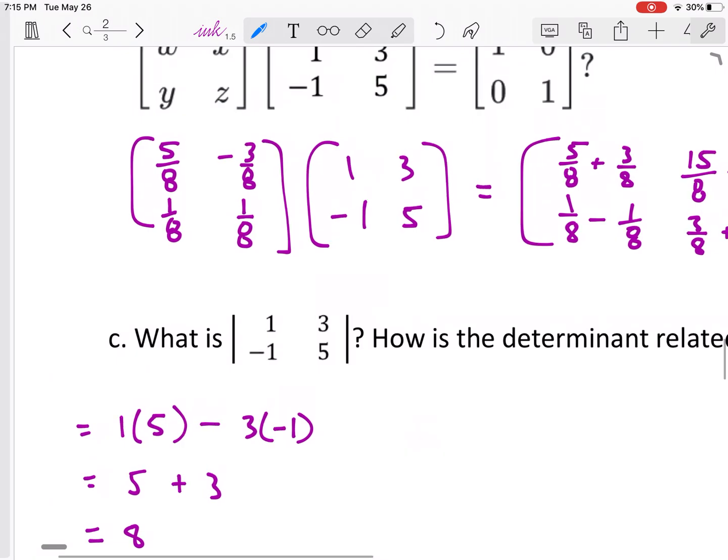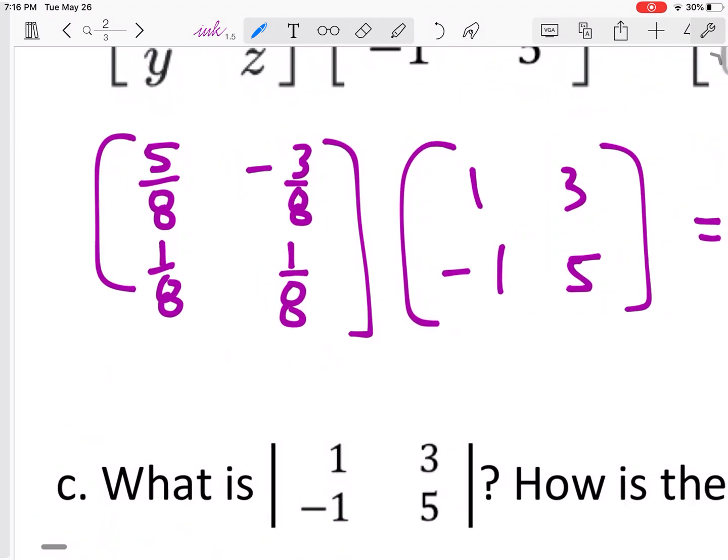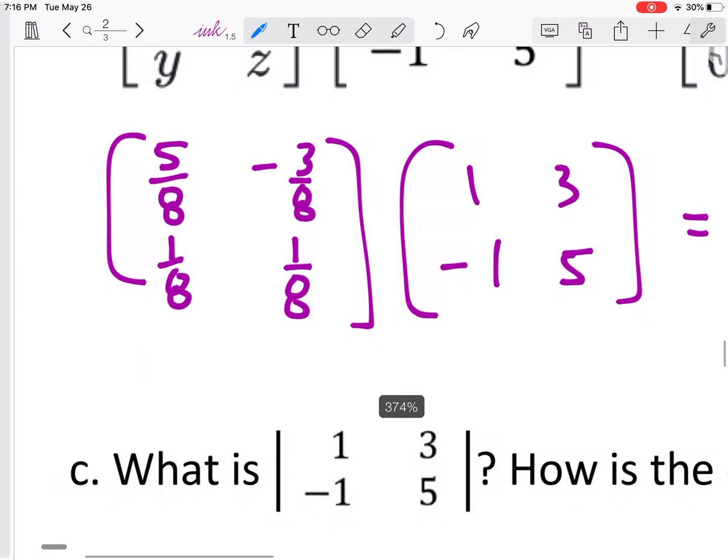Well, to me, it seems like in this inverse matrix we found, 8 is the denominator in every single entry.